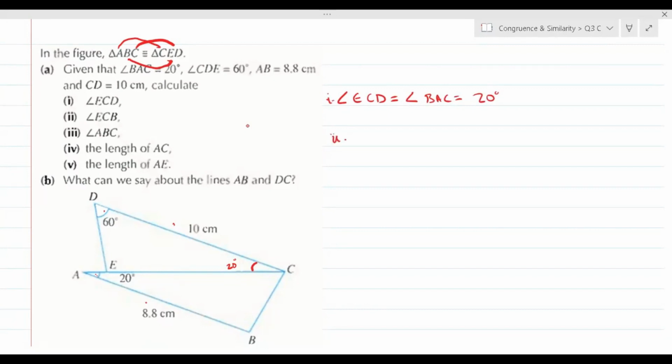The part 2 wants me to figure out angle ECB. Angle ECB, which is this triangle. Okay.